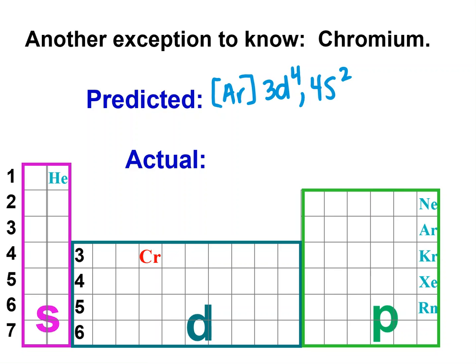So we'll have that same kind of rearrangement occur. And so what's most stable is this. So just know those two exceptions and kind of how they work.